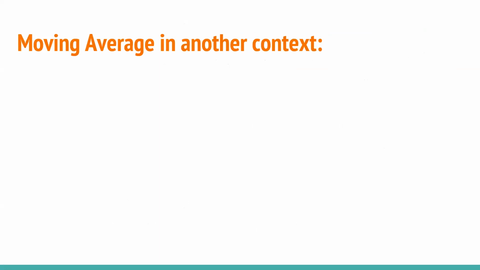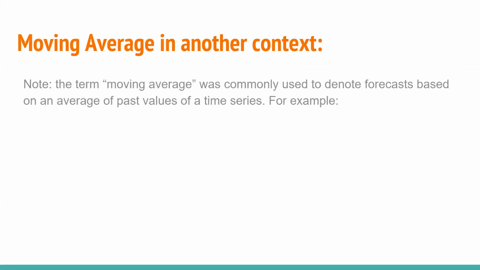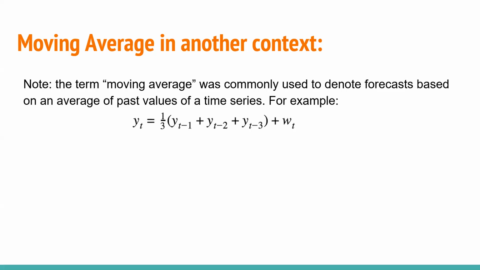Okay, now looking at moving average in another context, the term moving average, like I said, was commonly used to denote a forecast based on an average of past values of a time series. And I'm going to give an example right now. What I'm showing you right now is what we call a three moving average. What do we mean by three moving average?